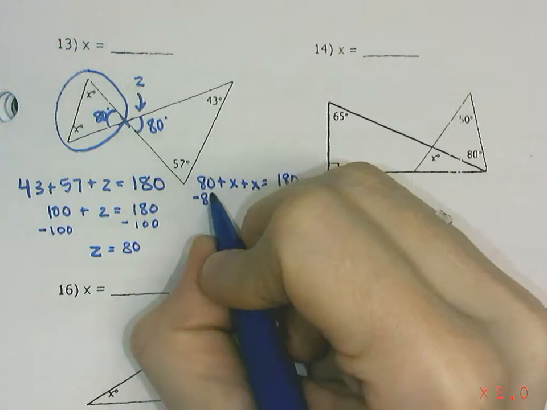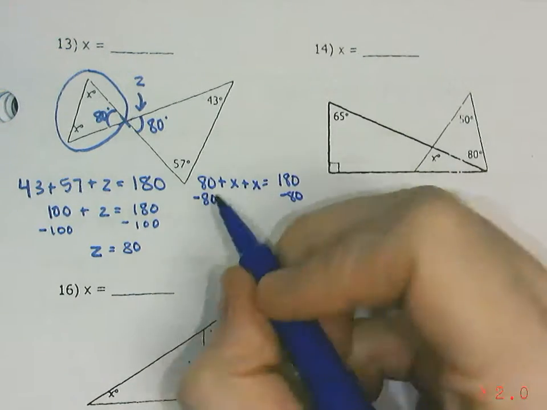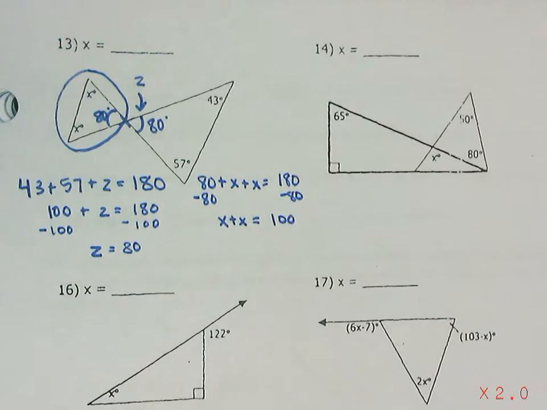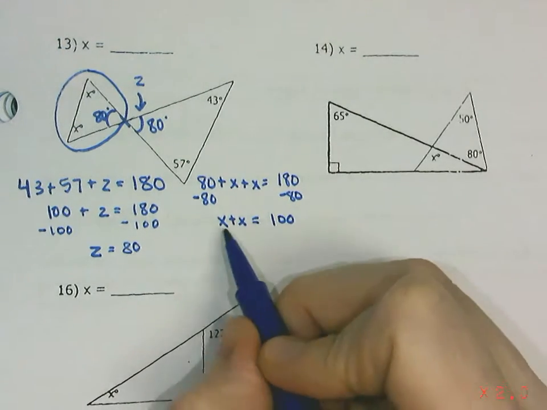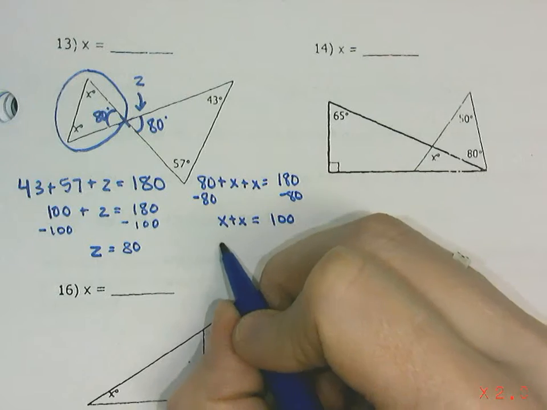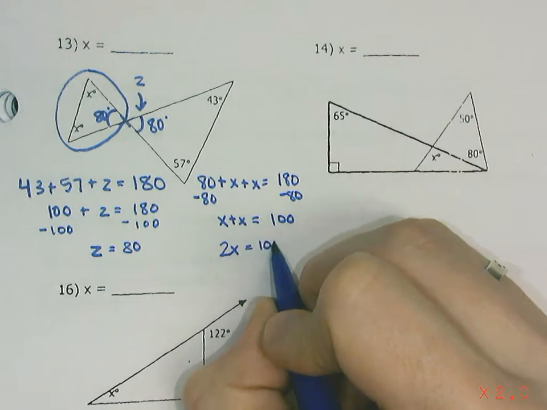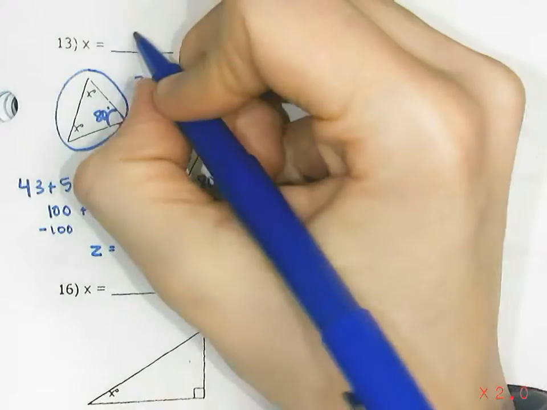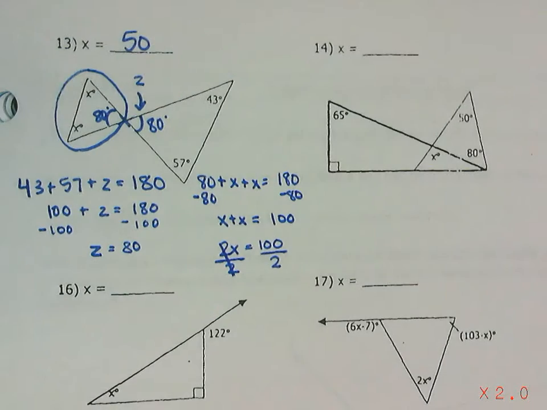So if we subtract 80 from this side, we get X plus X equals 100. We can combine the two X's. X plus X is just 2X. And then we divide by 2 on both sides. And we know that X equals 50.